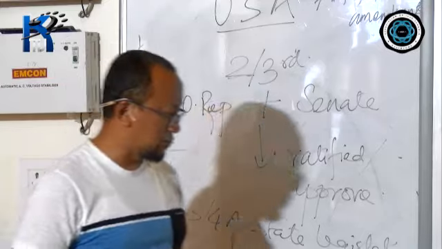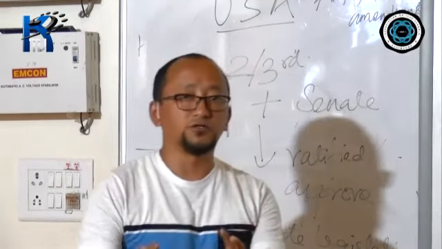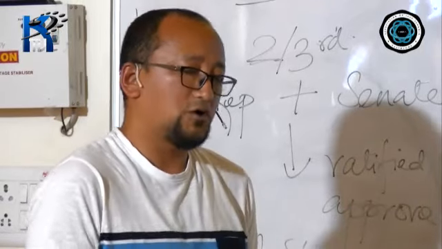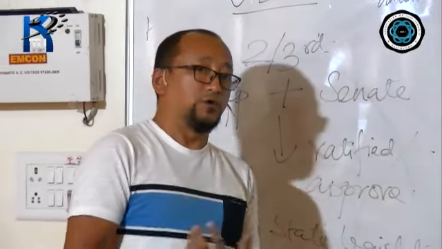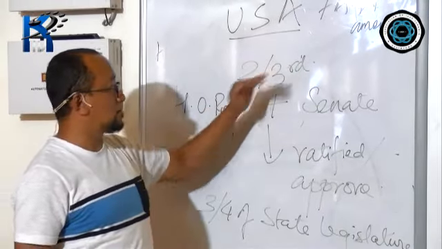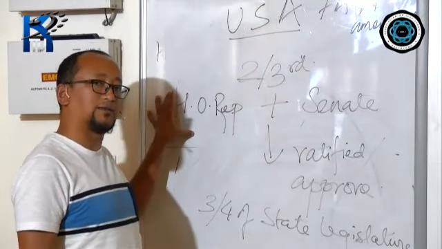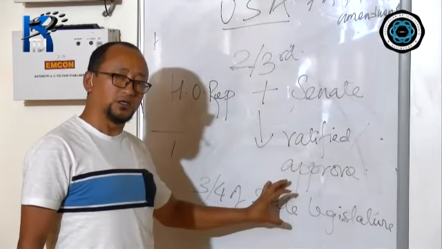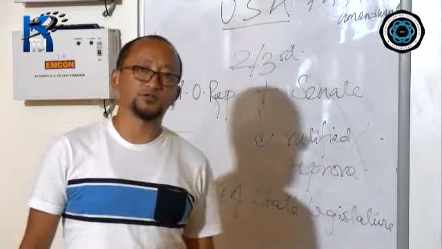So it's a very lengthy procedure. It's a very, very rigid way. So whenever we talk about the American amendment procedure, we simply say it goes by the procedure whereby 2/3 of the US Congress have to pass the resolution, and thereafter it has to be ratified by 3/4 of the state legislatures. It's a very lengthy and very rigid procedure.